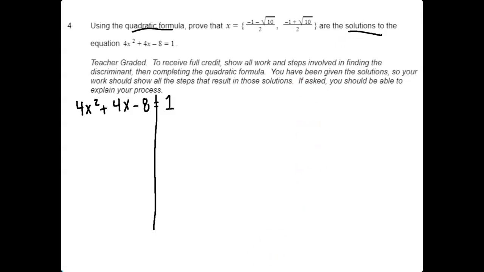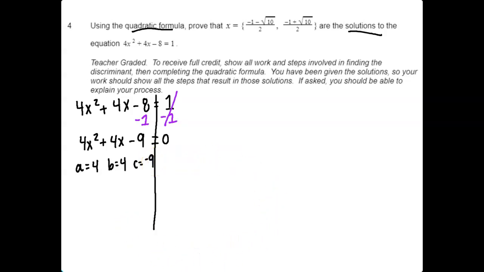I'm going to easily do that by subtracting 1 and subtracting 1. So that means we have 4x squared plus 4x minus 9 is equal to 0. Our A is 4, our B is also 4, and our C is negative 9.